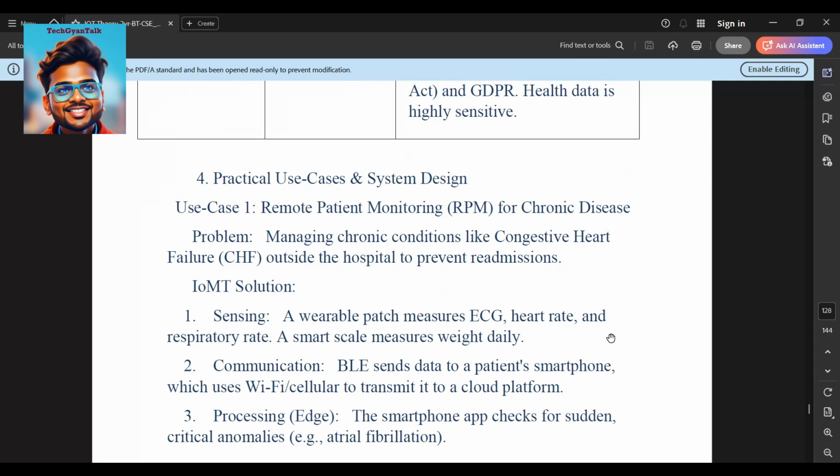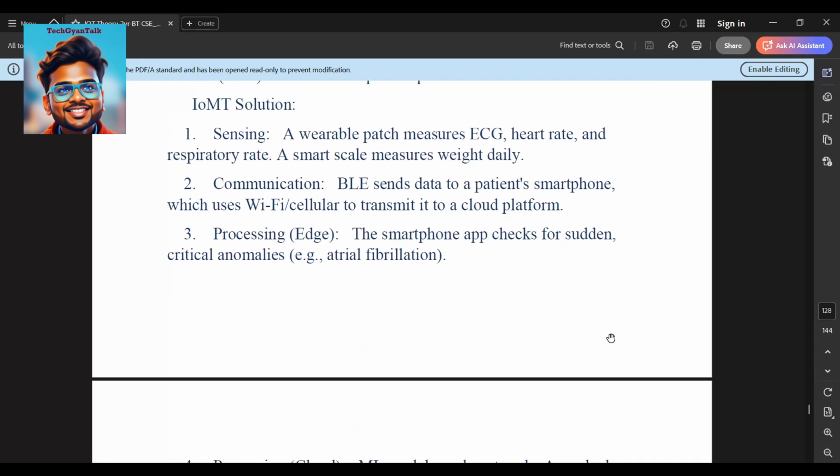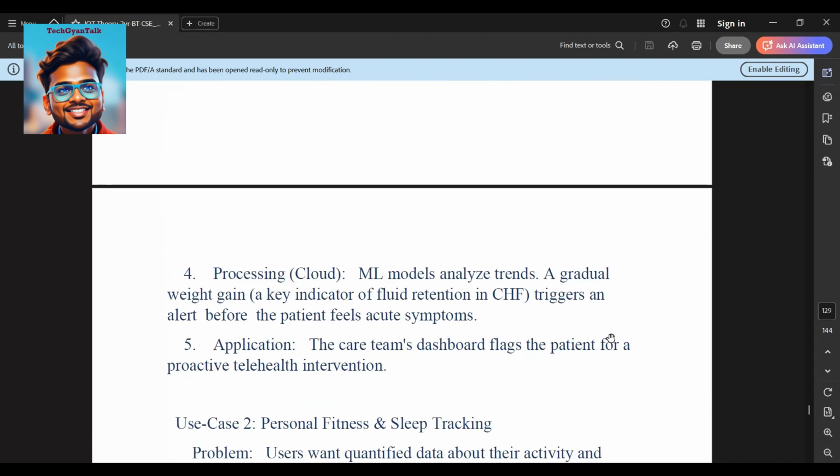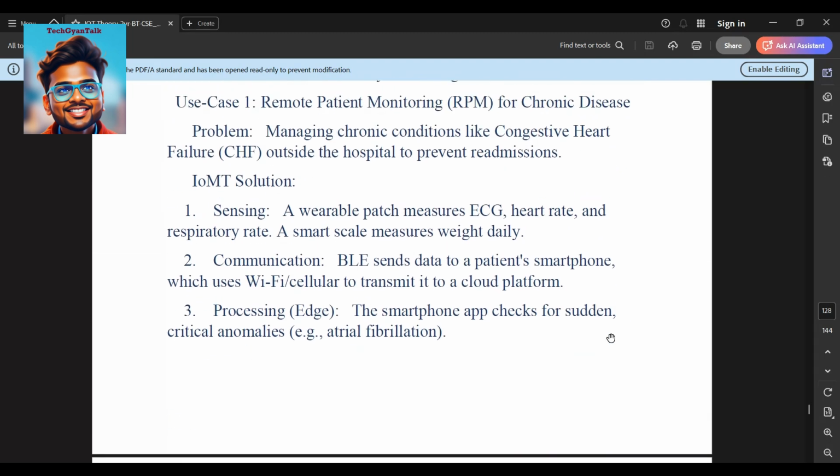IoMT solutions cover sensing, communication, processing at the edge and in the cloud, and applications. First is sensing, where a wearable patch measures ECG, heart rate, and respiratory rate, and a smart scale measures weight daily. This is the primary activity in the sensing part.